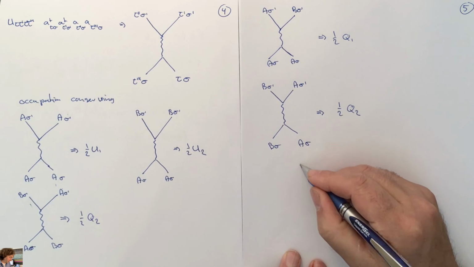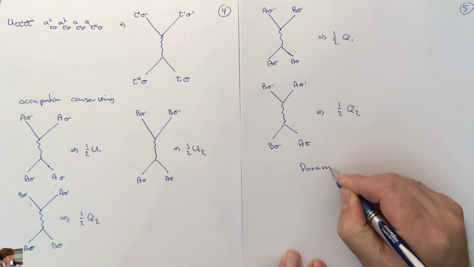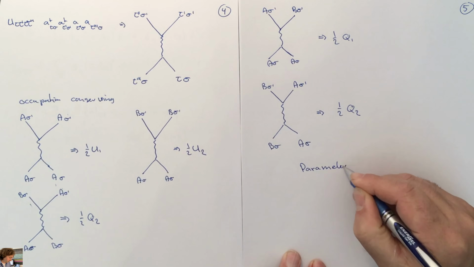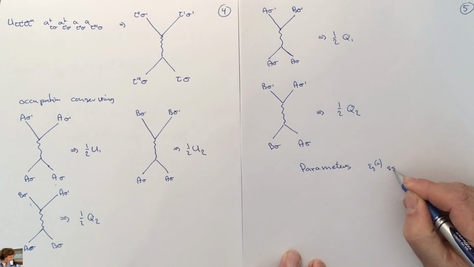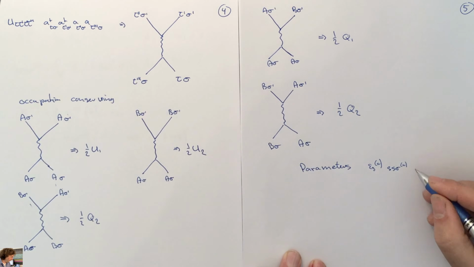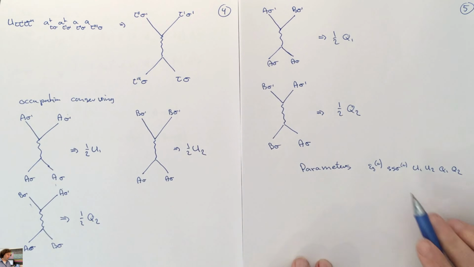So in the end, the parameters that we have are epsilon, S0, S S sigma, U1, U2, Q1 and Q2.